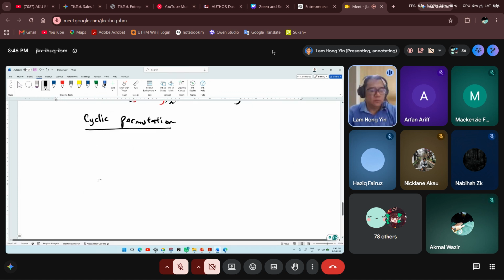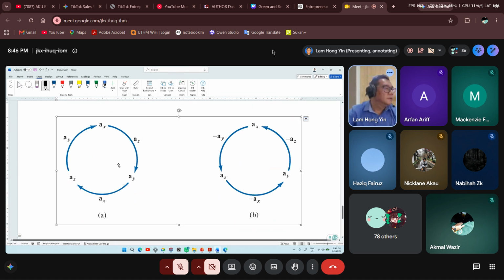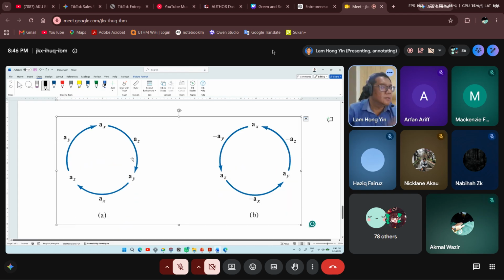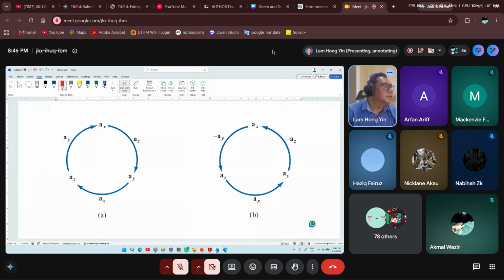Okay, so this is the figure of the cyclic permutations, right? If you notice over here, there is a clockwise and counterclockwise. Over here, this is clockwise, and over here is counterclockwise.